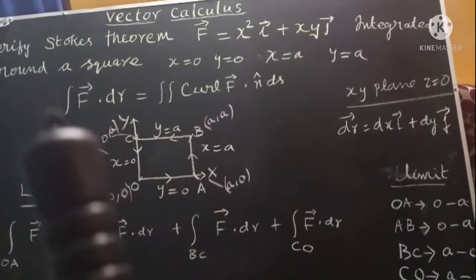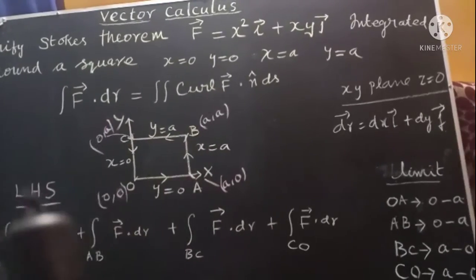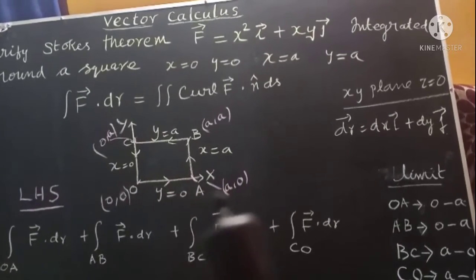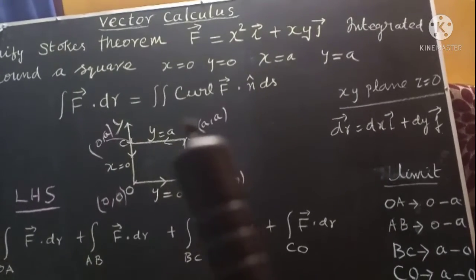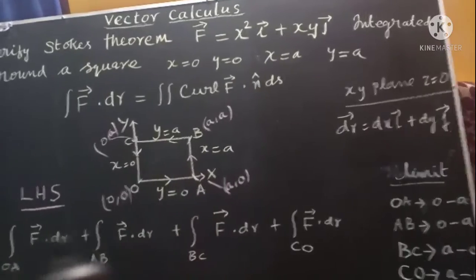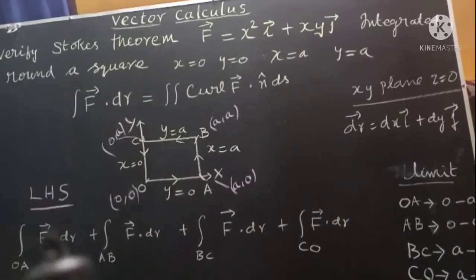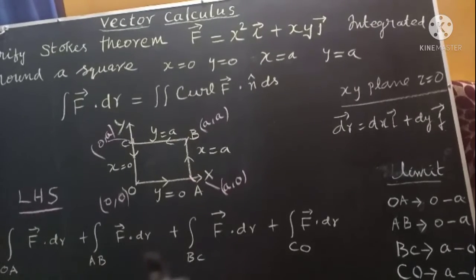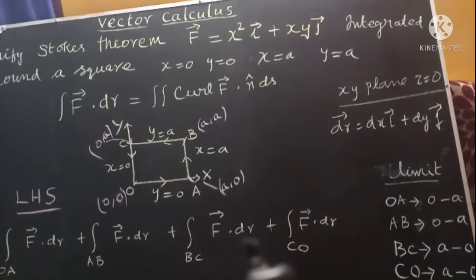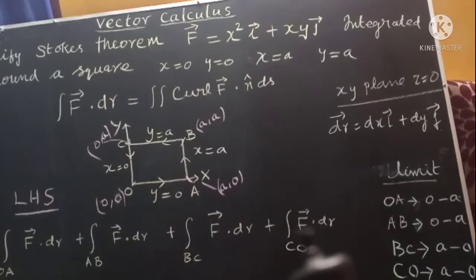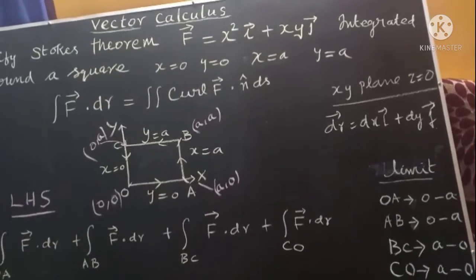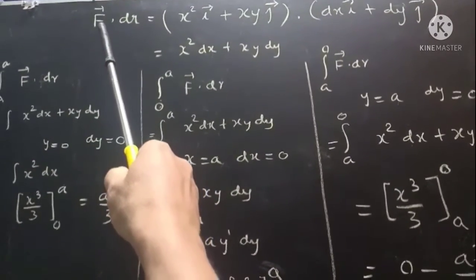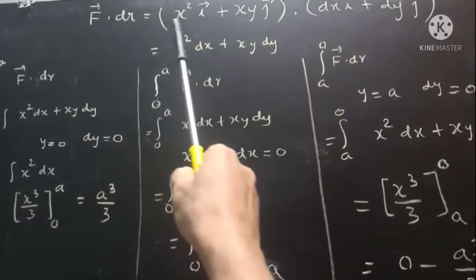First we have to find the left hand side, LHS. There are four sides: OA, AB, BC, CO. The line integral is the integral of f dot dr over OA, plus over AB, BC, and CO. Now we find the value of f vector dot dr vector.